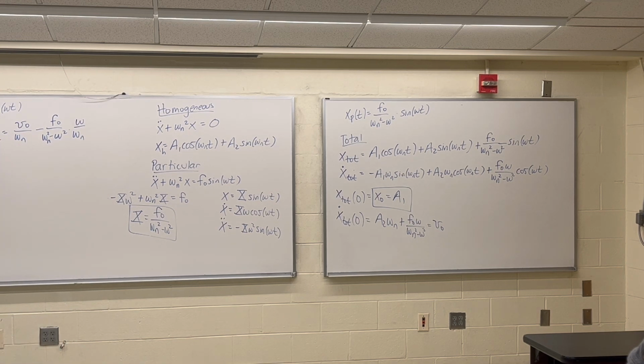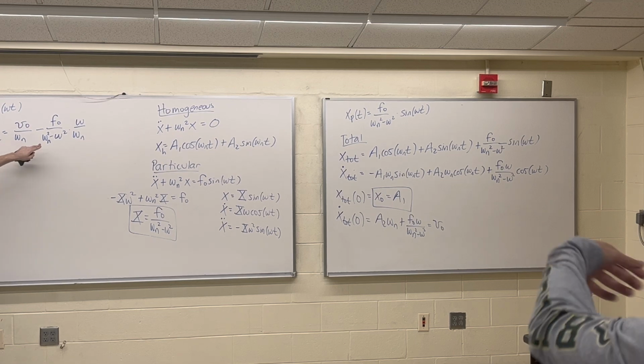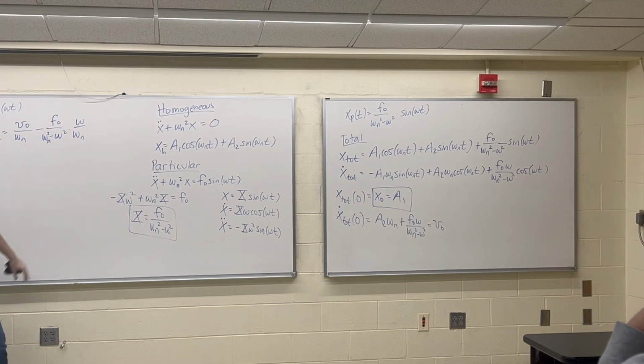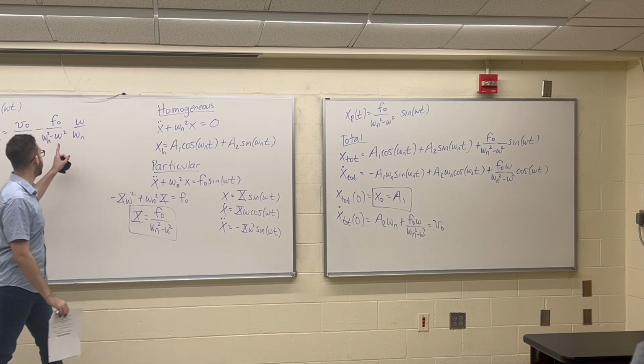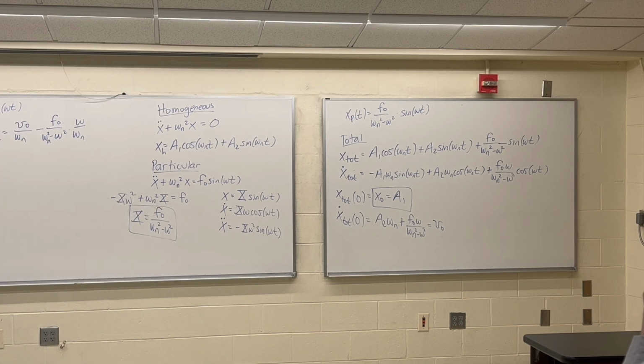This was originally A2 omega n. I divided all those terms by omega n and did a little bit of algebra to isolate A2. And if you look at that bottom equation and here, you'll see they're the same, just divided by omega n. This is an A2.